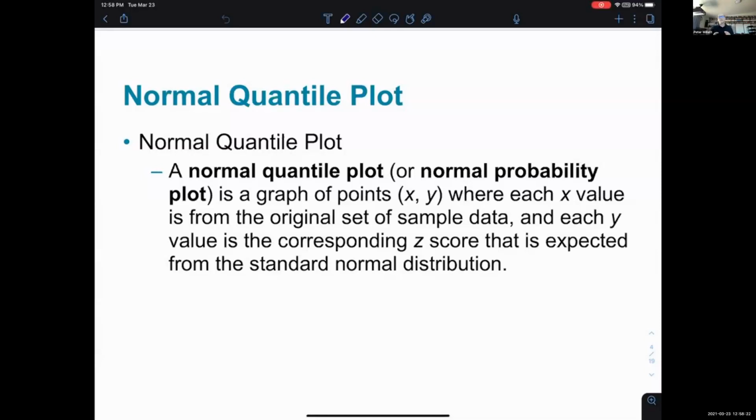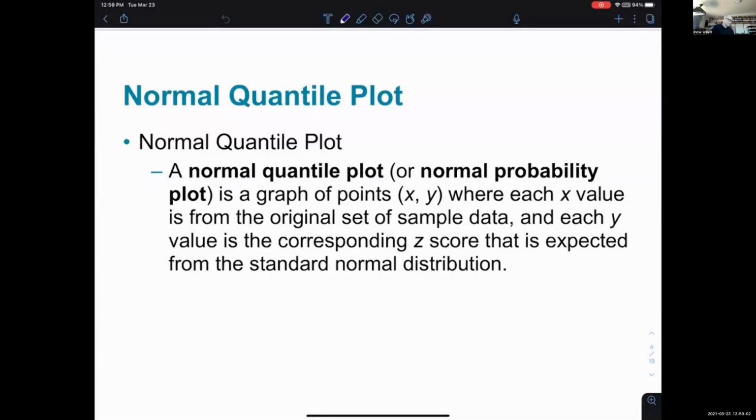We want to get to a point where we can apply some judgment when looking at a graph to assess whether the normal quantile plot, or QQ plot as it's referred to in StatCrunch, is showing that the population's distribution is a normal distribution. So I'm going to spend a bit more of our time today looking at graphs and judging them to determine normality, rather than the details of how the graphs were constructed.